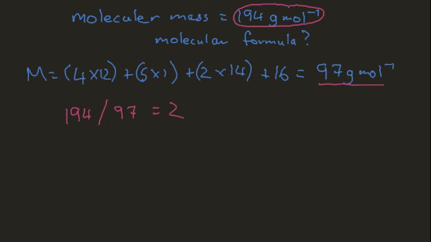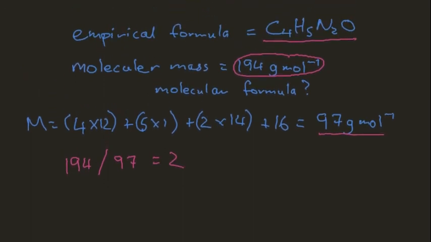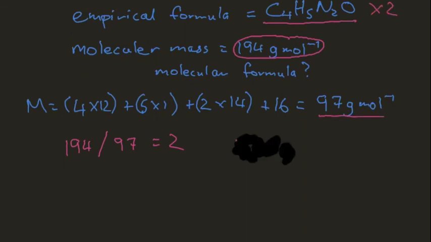So all we have to do is multiply the empirical formula by 2, and that's going to give us our molecular formula. So our molecular formula is going to be C8H10N4O2. That is our molecular formula.